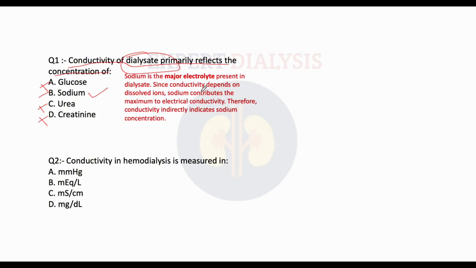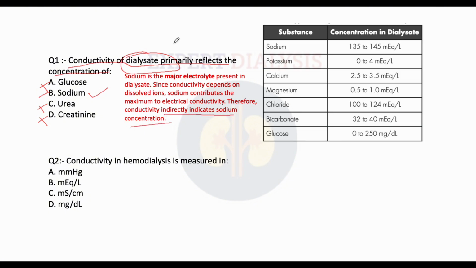Sodium is the major electrolyte present in the dialysate. Since conductivity depends on dissolved ions, sodium contributes the maximum to electrical conductivity. Therefore, conductivity indirectly indicates sodium concentration. You can also see the concentration of sodium in the dialysate per liter.